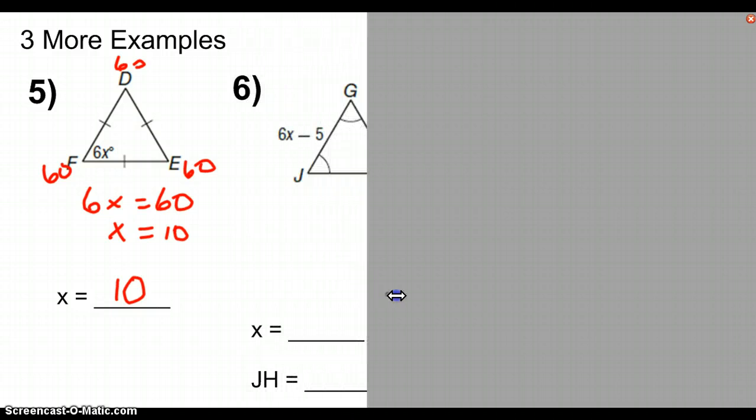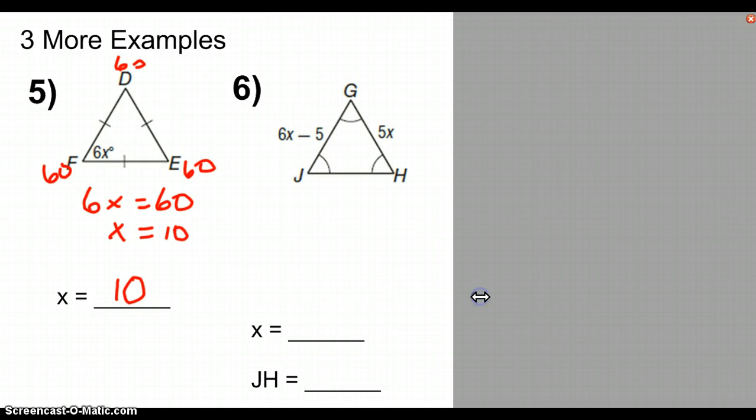The second example, we have triangle GJH. And we see that angle G, angle J, and angle H are all congruent. So we then know that all the sides are congruent.